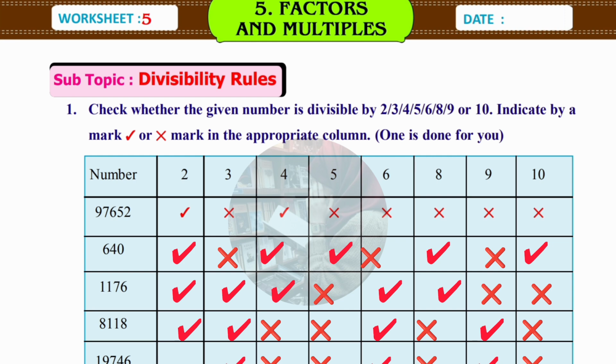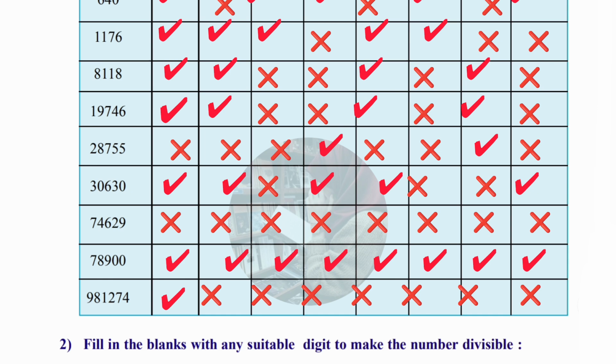And as we put a tick mark for 2 and 3, the divisibility rule of 6 is that it should be divisible by 2 and 3, so the given number is divisible by 6 also, that's why put a tick mark. And if you see the last three digits, which are 176, it is definitely divisible by 8 also, so put a tick mark. For 9 and 10 you have to put cross marks.